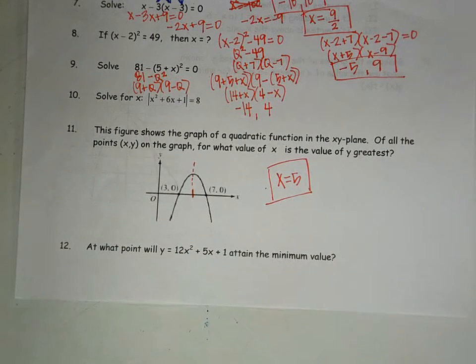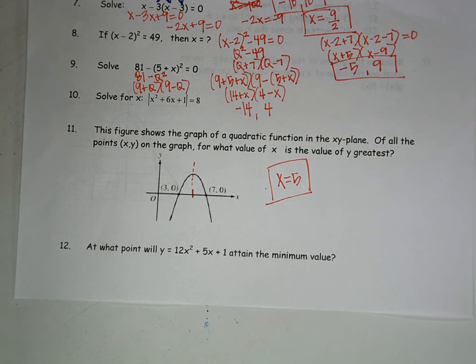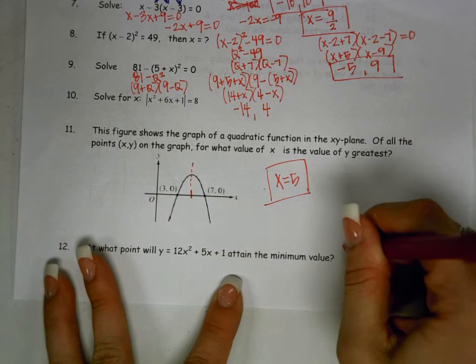Number 12, at what point will y equals 12x squared plus 5x plus 1 attain the minimum value? The minimum value. Is this an up or a down parabola? This is facing up.